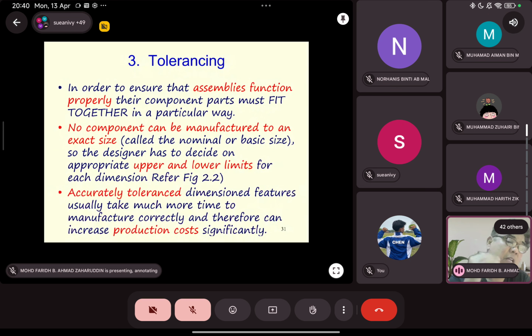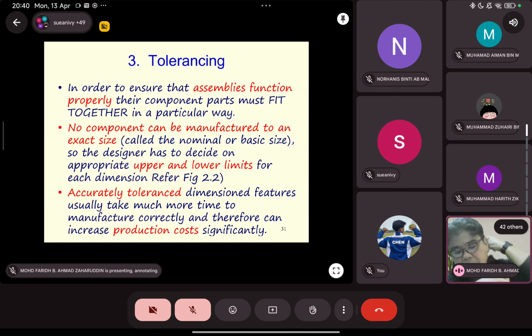But to make sure the part will not be rejected due to the capabilities of the machine and the fabricator, you need to give a tolerance, with an upper limit and a lower limit. Between the upper and lower limits is the acceptable range where the fabricator can make the part.